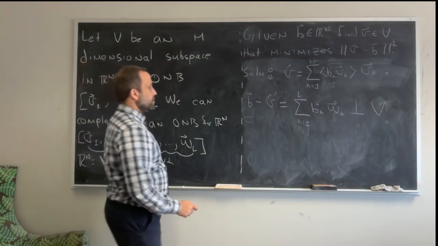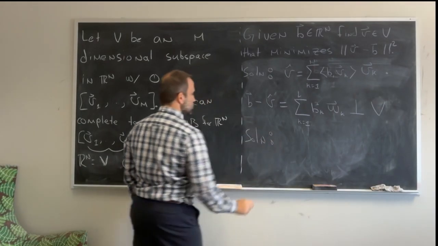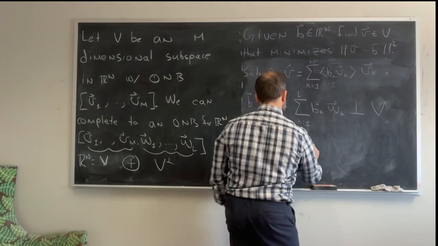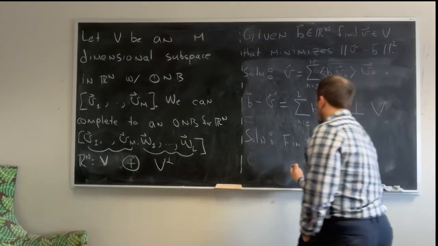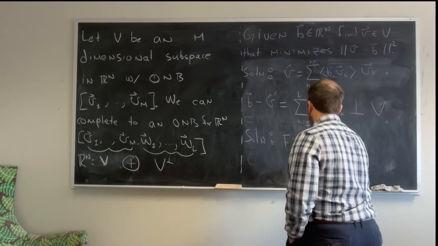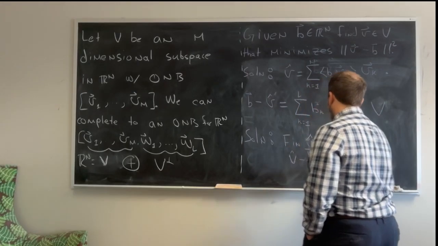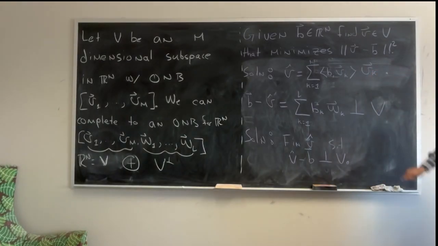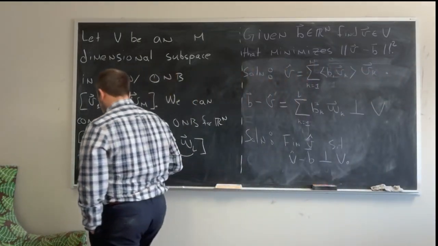So another way that we can view the solution is to find the v hat such that v hat minus b is orthogonal to V. Both of those describe the minimizer for this problem.